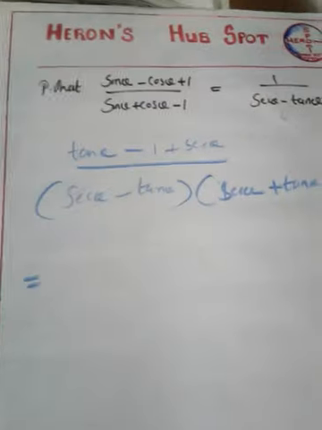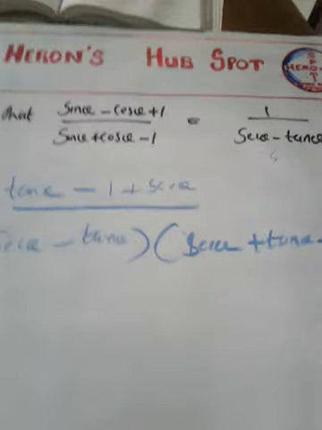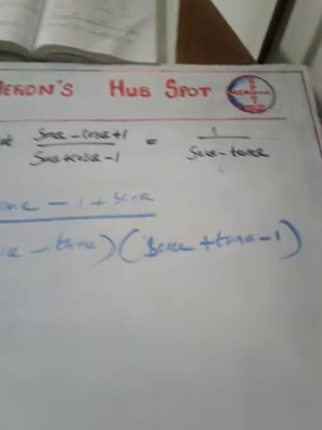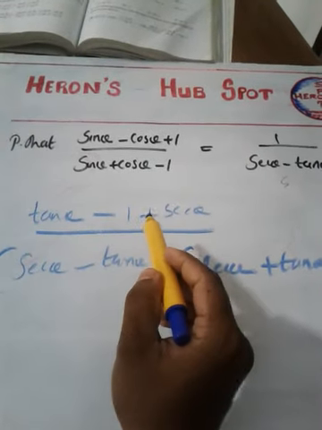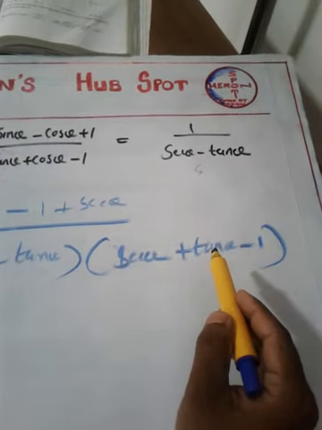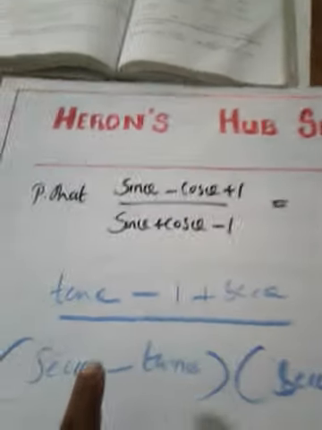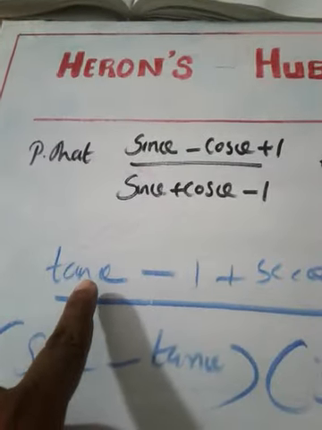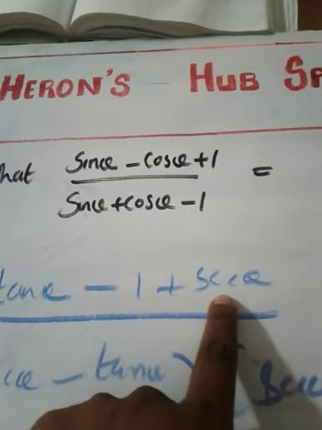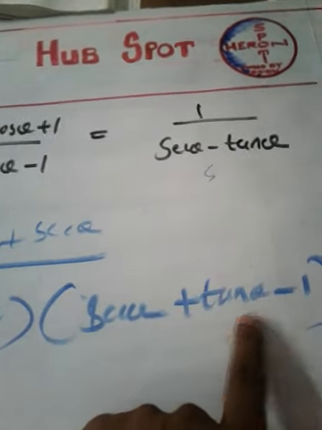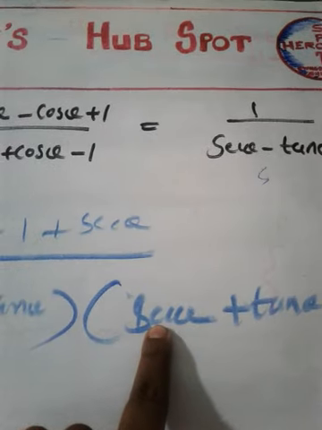So we have reached this much now. Now we just see, is any cancellation possible now? What is this? Tan theta minus 1 plus sec theta. So this is also tan theta minus 1 plus sec theta now. Here also tan theta minus 1 plus sec theta, no?